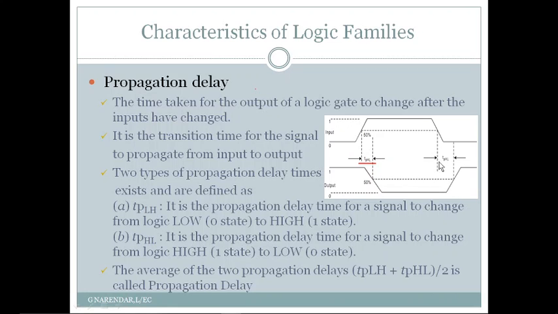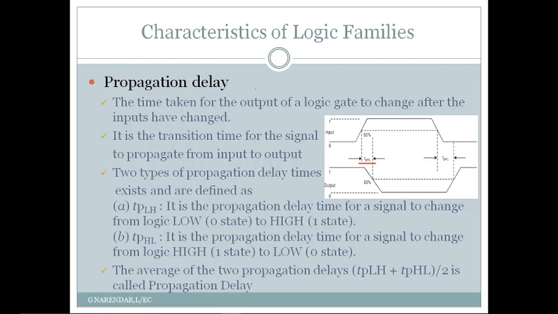After measuring these two, if we take an average, that gives the delay experienced by the signal when it is propagating through the logic gate, and it is called the propagation delay of the logic gate. So what is the propagation delay? Actually, it's a delay experienced by the signal when it is going from input to output. You have to see that.